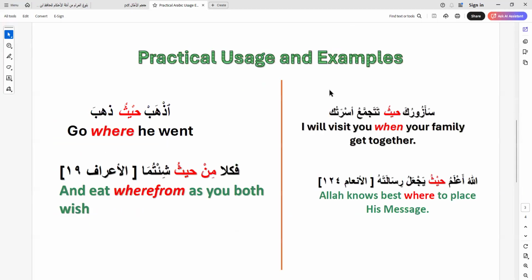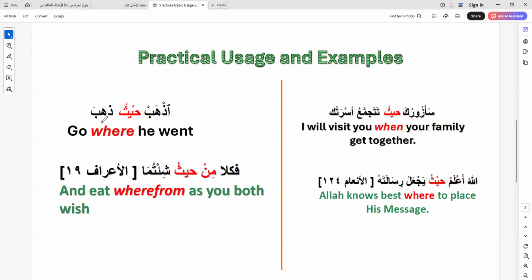Now, let's look at some of the practical usage and examples. اذهب حيث ذهب. Go where he went. So حيث here means where.